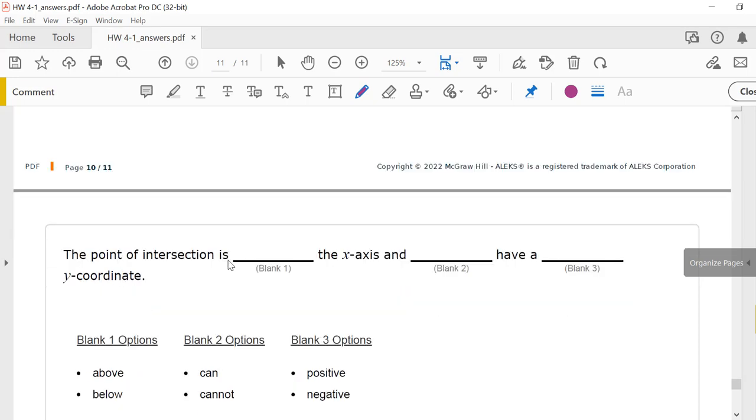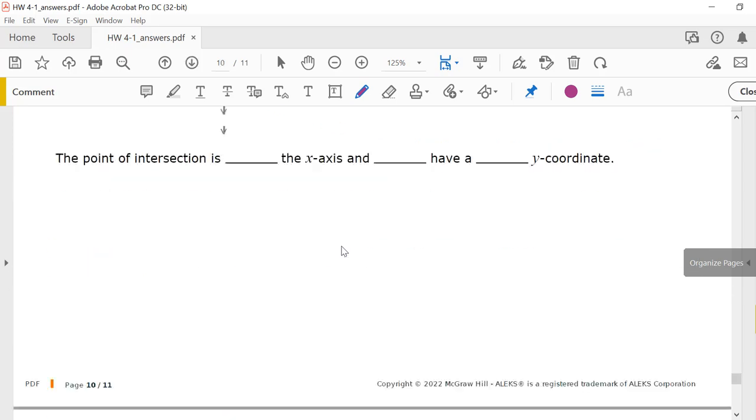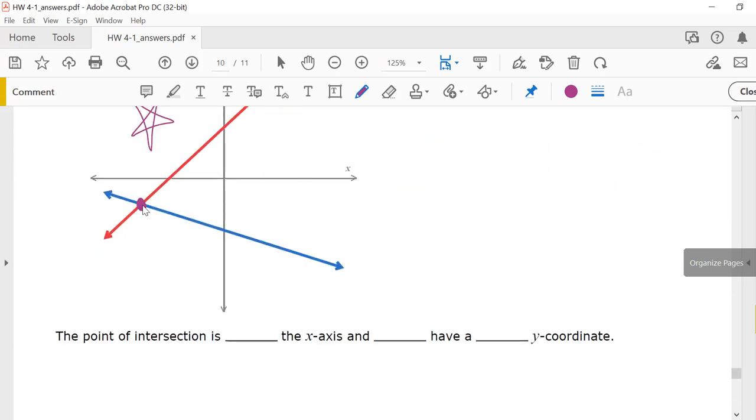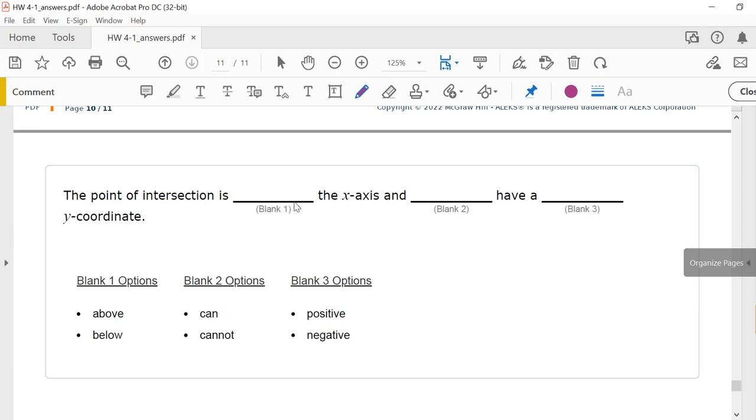Okay, the point of intersection is above or below the x-axis. So where's the point of intersection? Right here? It's below the x-axis. Okay, let's see what else. The point of intersection is below the x-axis, and blank have a blank y-coordinate.